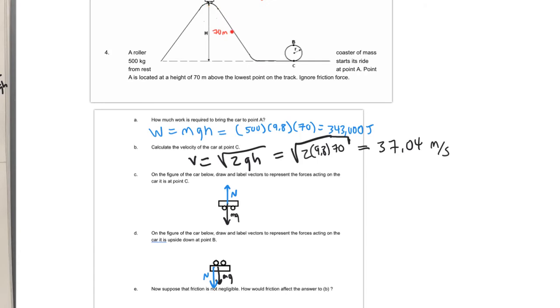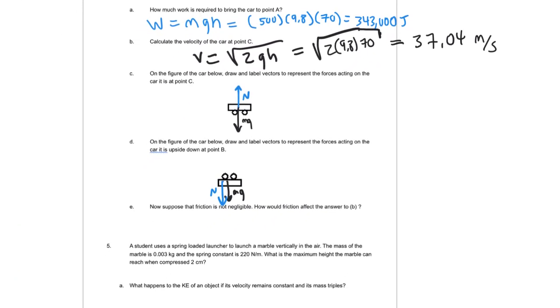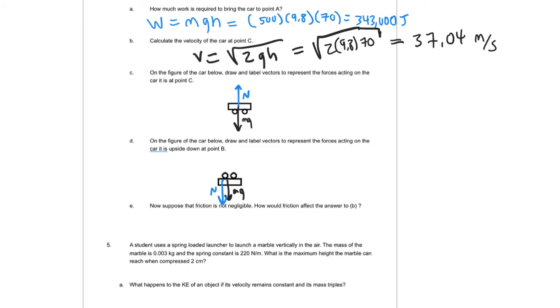You're going down, down, down, but then you hit all this friction, so you're going fast, but you're going to slow down by the time you get to C. So the friction would slow the velocity. Maybe we could say the friction would decrease the velocity.